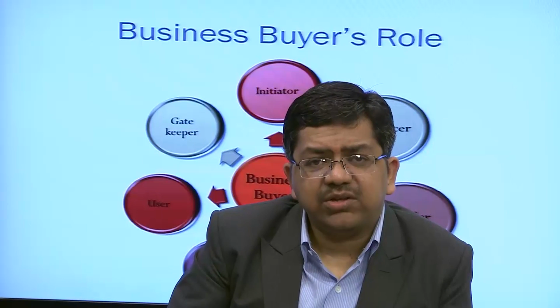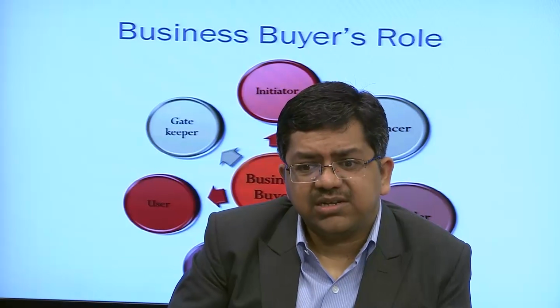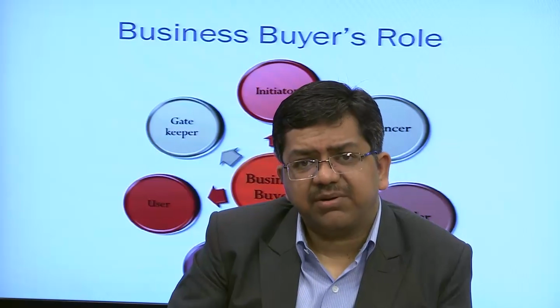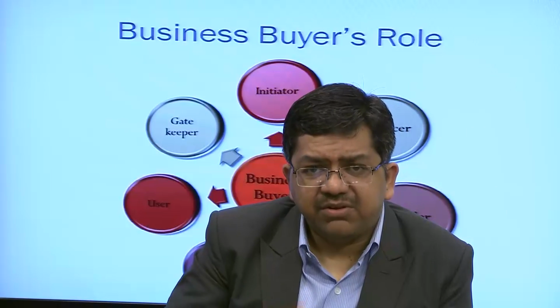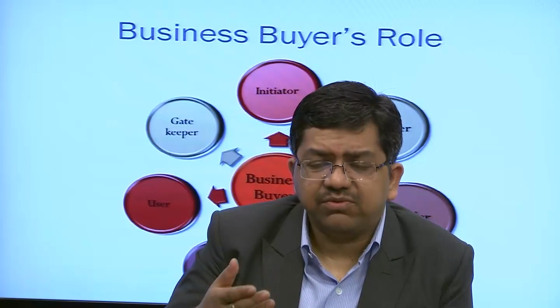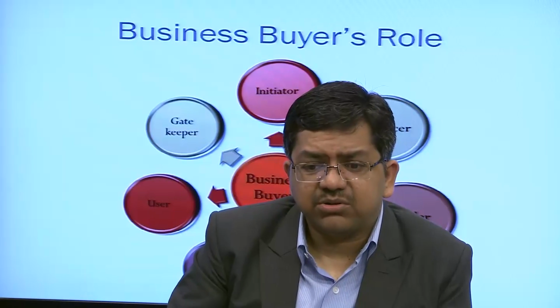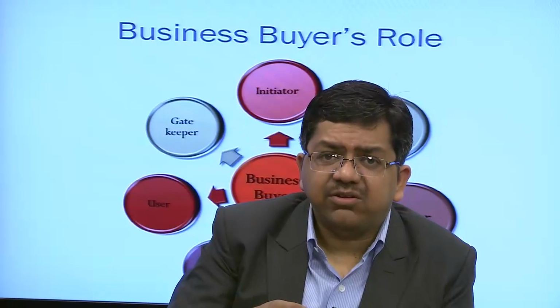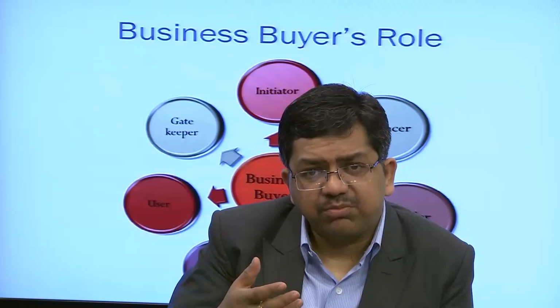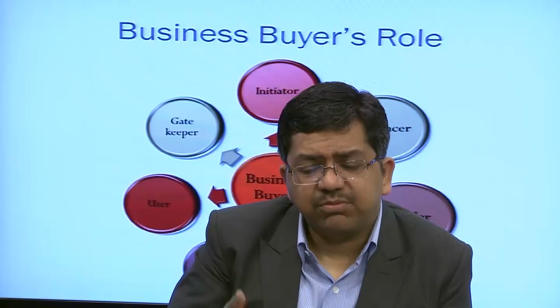Then you have the influencer, the people who have technical knowledge inside the organization. Generally there is a technology department, technical services department in many of the manufacturing sector companies. So, you will see those are the influencers, and there could be other influencers also. These are the influencers who determine what products are to be purchased, from which vendor, and how it has to be purchased.